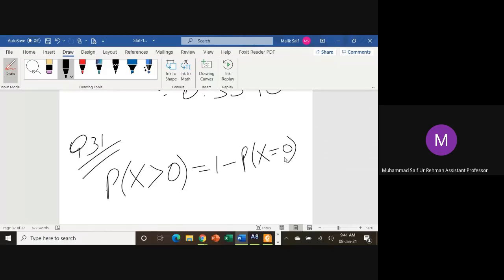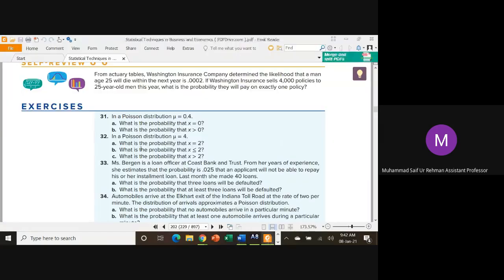So if you subtract this 0 from 1, you will have the probability. When you calculate probability of x equal to 0 in the first part, whatever value you have, substitute that value over here and subtract it from 1. You will have the answer. So I'm sure that you can do it.